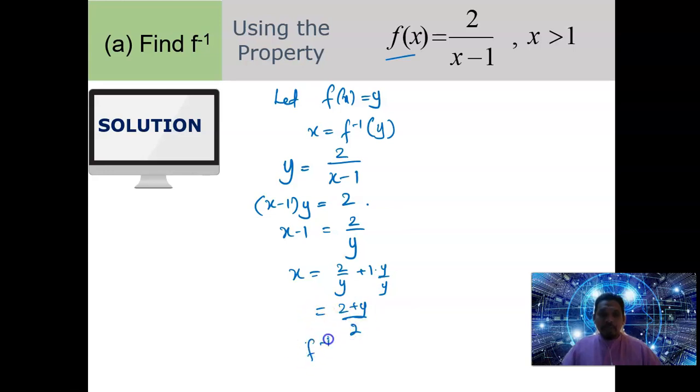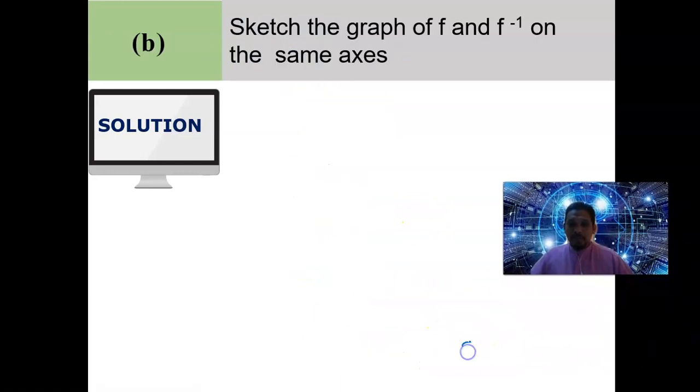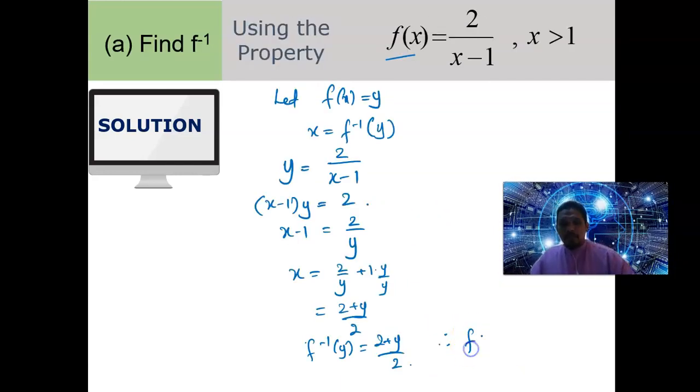So f inverse of y equal to 2 plus y divided by y, and f inverse of x equal to 2 plus x divided by x. Sorry, not 2y, it should be y, and also x here. Sorry for this careless mistake.